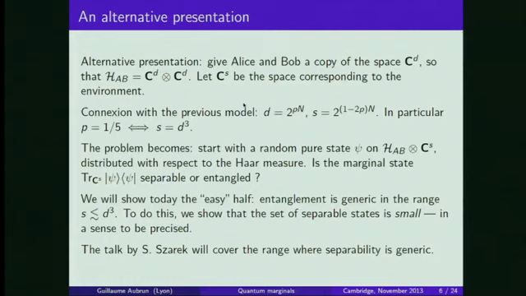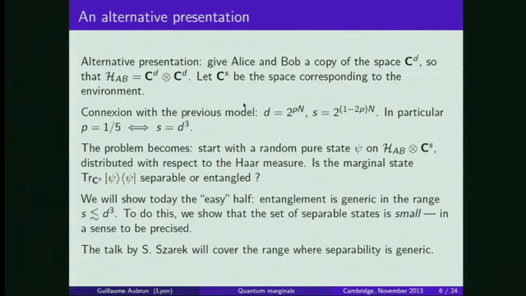Okay, it's more convenient to measure local dimensions not by the number of qubits but just by the dimension itself. It's just a switch of presentation. Now let's say that I give Alice and Bob each a copy of the space C^D. So their joint space will be H_AB equals C^D tensor C^D. And I will also denote by C^S the space which corresponds to the environment.